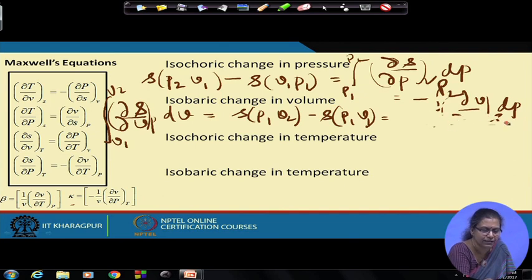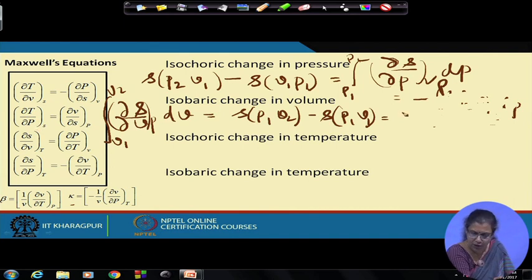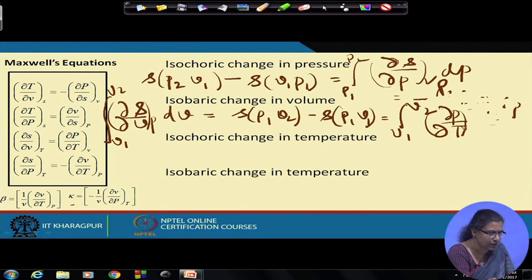In this particular case the relevant Maxwell's equation is the second Maxwell's equation, which relates del S del V at constant P with del P del T at constant S. So, this will be equal to the integral from V1 to V2 of del P del T at constant S dV, right.